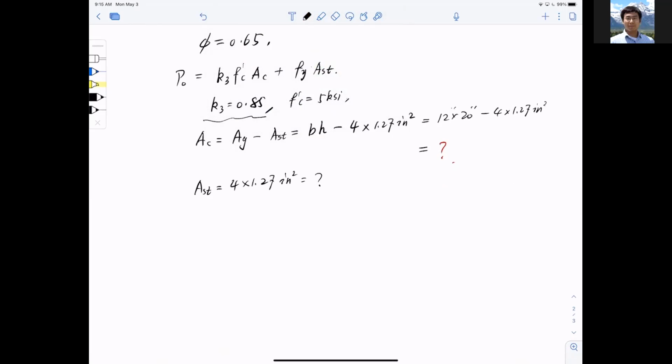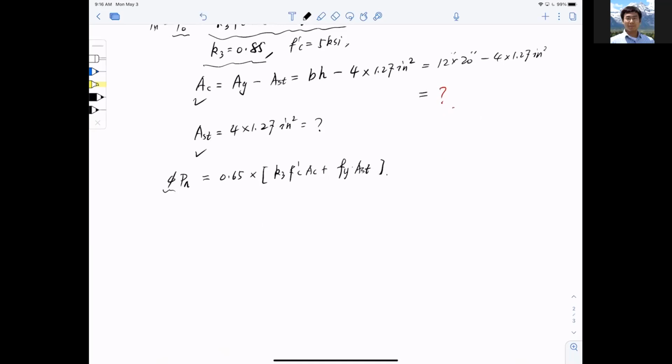All right, so with this, I know the concrete area and I know the area of steel, so I start computing my phi Pn, or phi P0 in this case. Pn equals P naught, that's pure compression, and that is the equation. So simply put the phi in as 0.65 multiplied by the whole thing: K3 f prime c Ac plus Fy Ast, and that is the total design resistance.